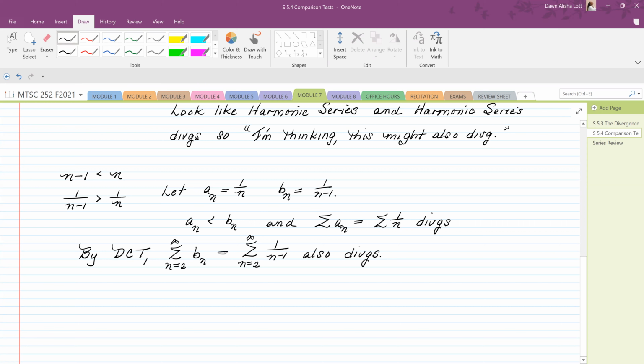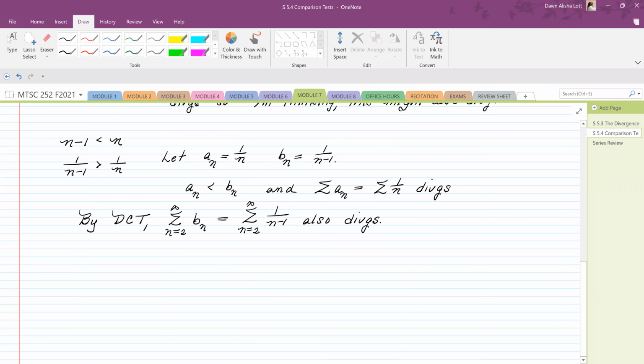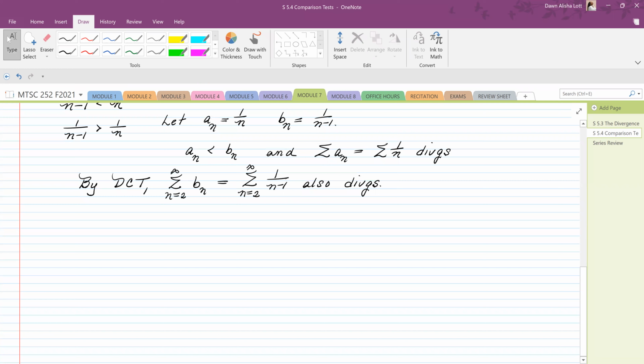Any question about that? Okay. Here's another example. The summation n equals 1 to infinity of 1 over n squared plus 6.